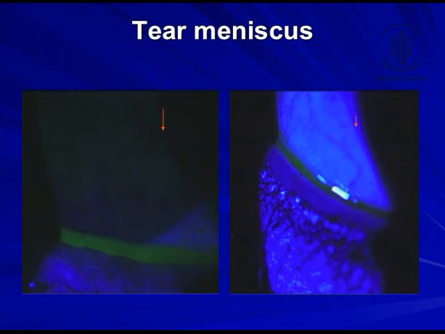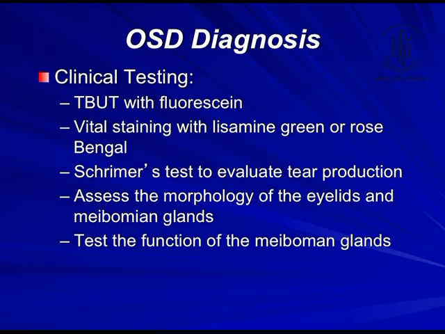This is a tear meniscus. I will come to the testing later. Also, some of the important tests, because it's very difficult to do all the clinical tests in glaucoma patients with dry eye, are done by clinical observation only. The other tests are tear breakup time with fluorescein, and also lissamine green or rose bengal staining of the conjunctival and corneal cells.